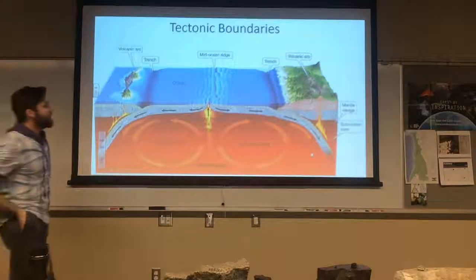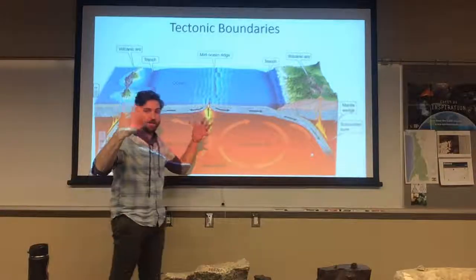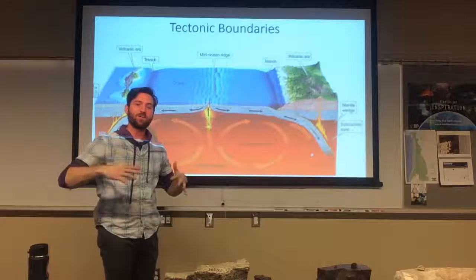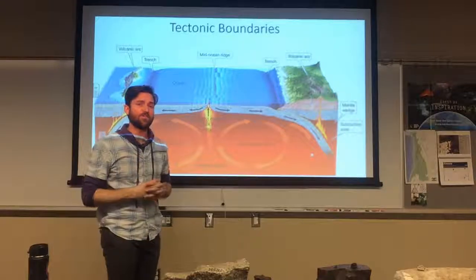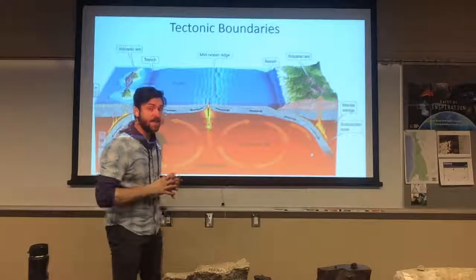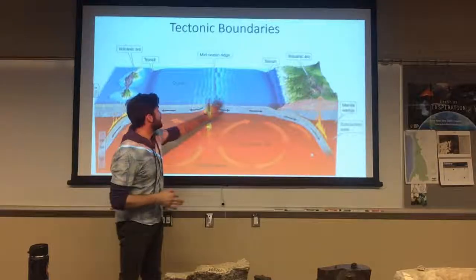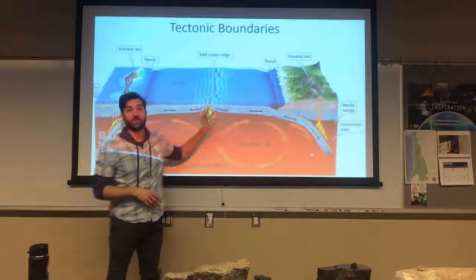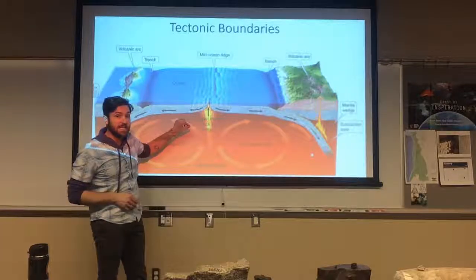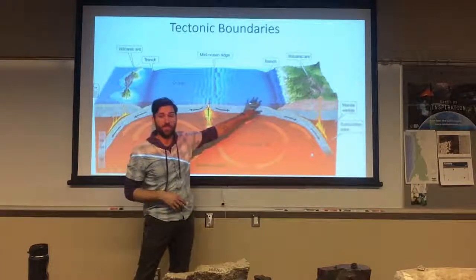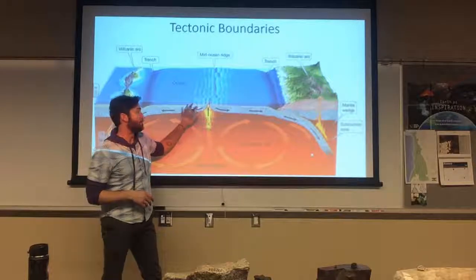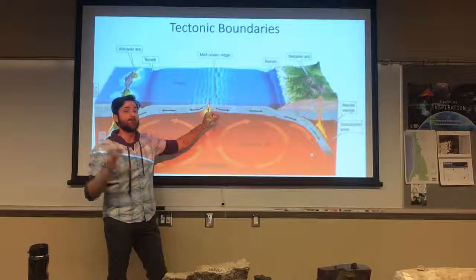So what we see now today, I'm not going to go through the whole development of the theory of plate tectonics, but one thing I will say is that the key was in mapping out the bathymetry and the heat flow of the Atlantic Ocean, during World War II, going back and forth across it.